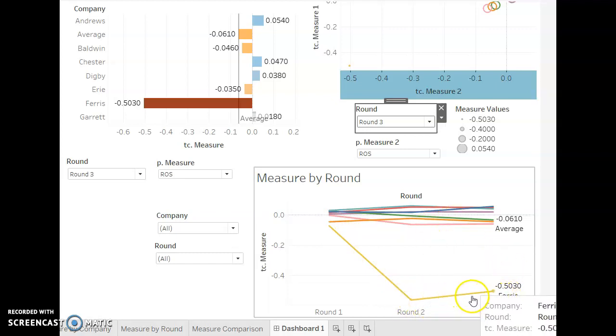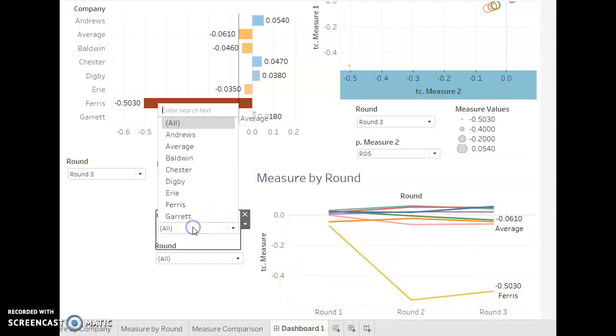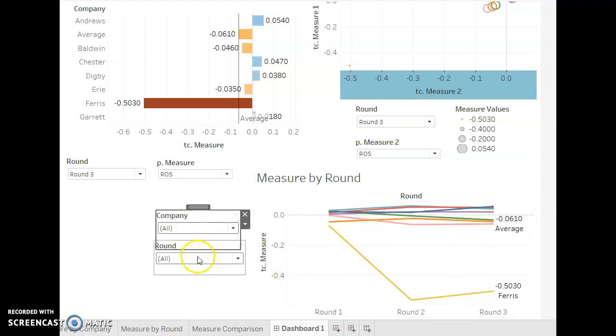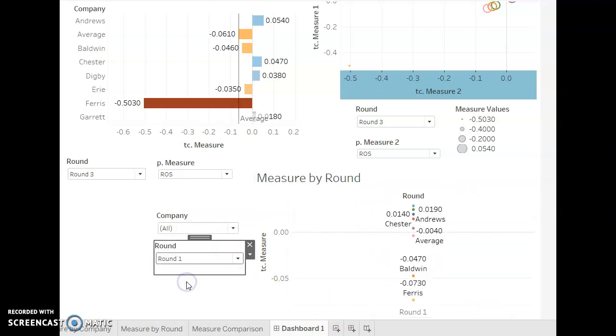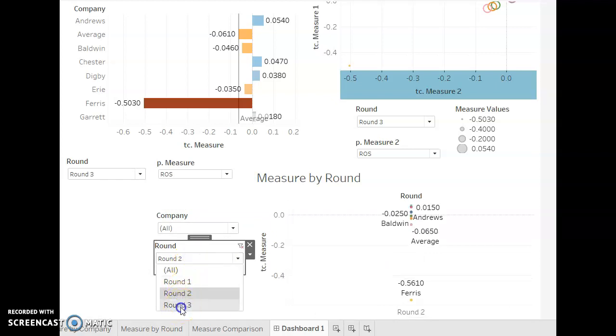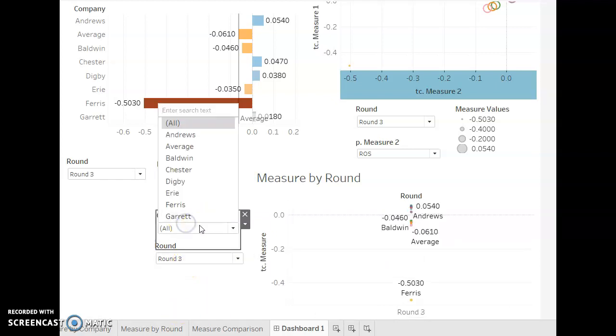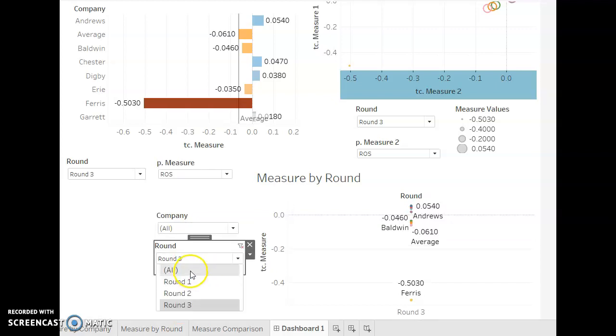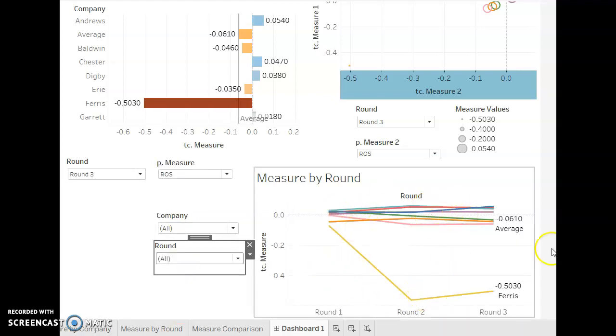But we were able to catch up a little bit more here by the end of round three. And so that way you could just see all of that there. It shows you the difference in each round, but it's not as concise. So it's a better view if you see it with all the companies and all the rounds.